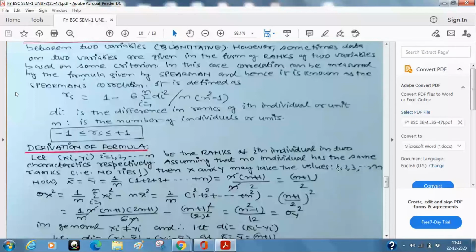Then x and y will take the value 1, 2, 3 and so on up to n. So if I am finding out sigma x square, without loss of generality, I can replace x by y. So in that case, whether it is sigma x square or sigma y square, the value will be the same.